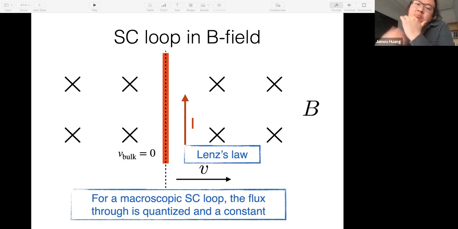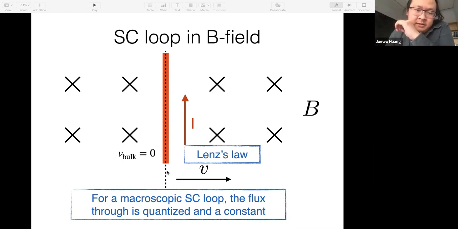For a real, bulky superconductor, what you know is that the flux going through a superconducting loop is always a constant, no matter how you change the shape of the superconductor wire. That comes from the fact that the charge carriers have zero velocity in the bulk of the superconductor.